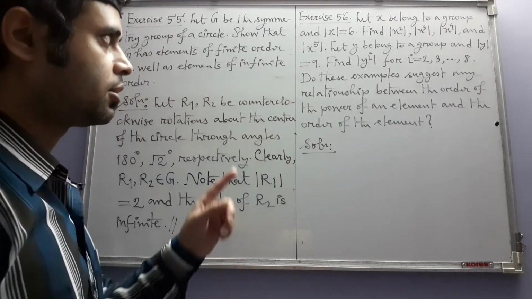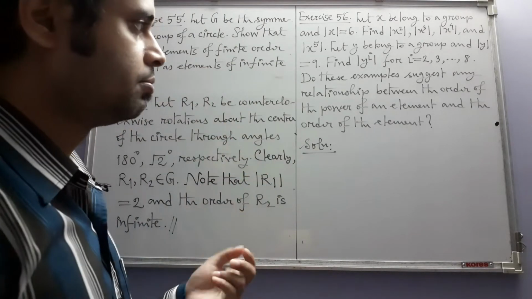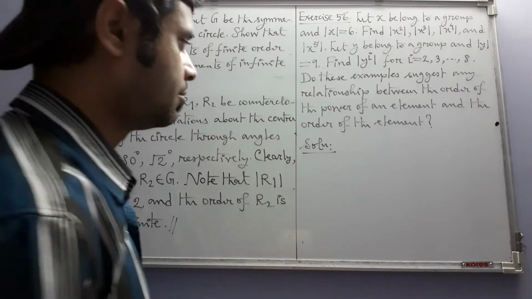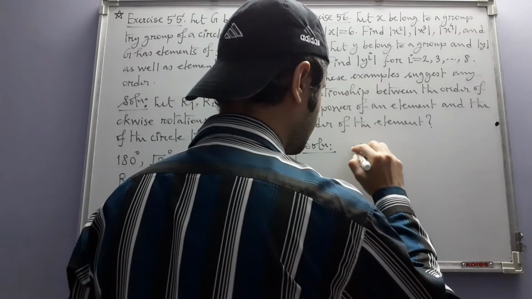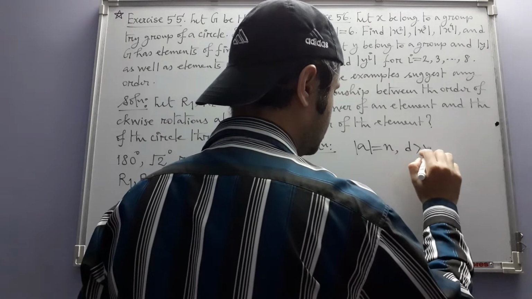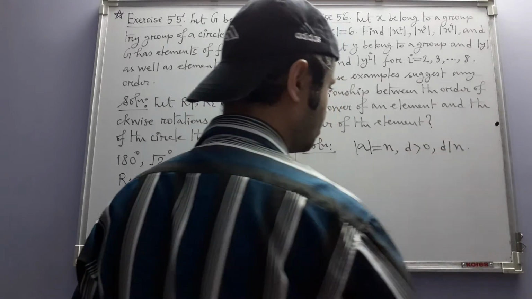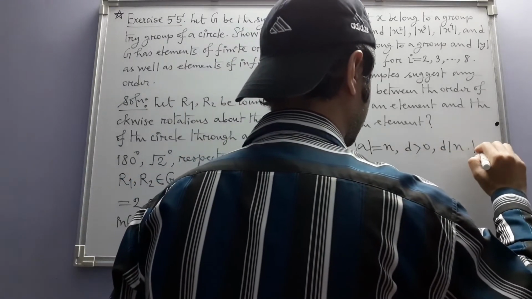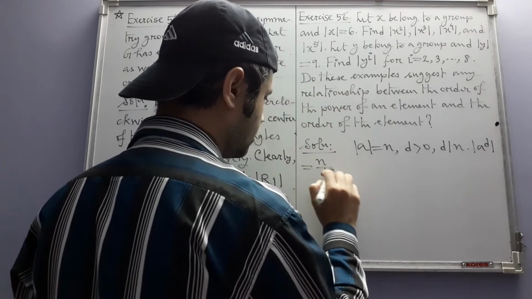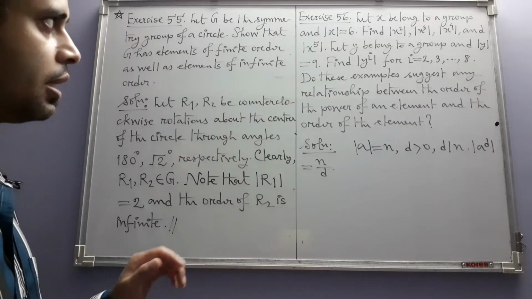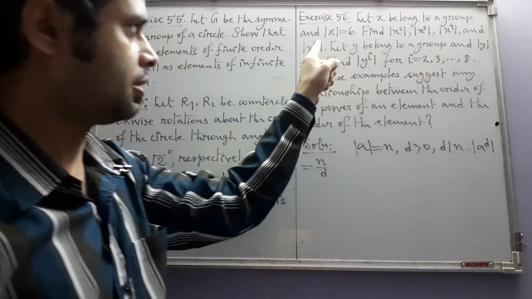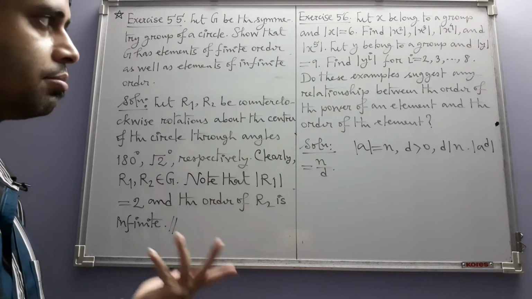Now to find the order of X square and the order of X cube, we can directly use the result we saw in exercise 51. Namely that if A is a group element of order n and D is a positive divisor of n, then the order of A to the power D is n divided by D. This we can use only for the case X square and X cube, but for the other cases we of course have to devise something else.